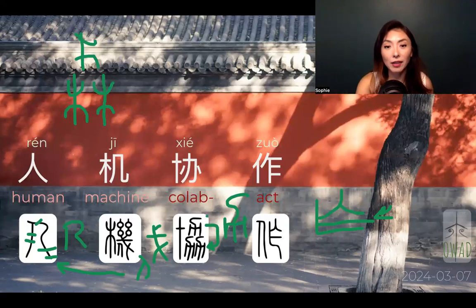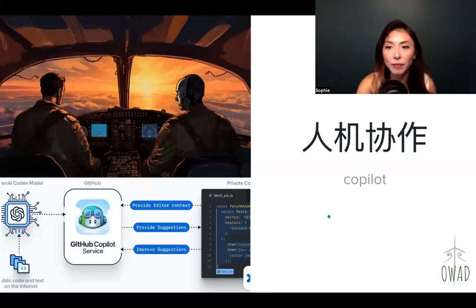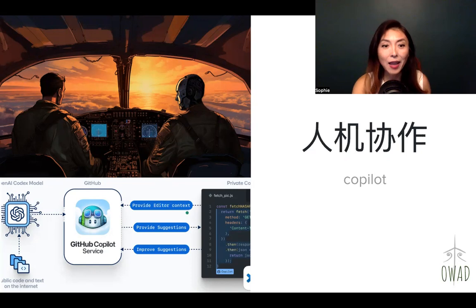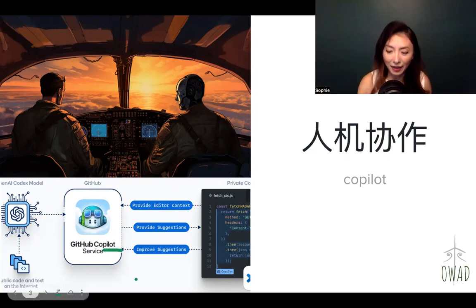Okay, so in collaboration, there's a multitude amplifier of power, and then 做 means you're acting, you're working on something together, right? Amplified acting together. So 人机协作, I translate it as copilot, because GitHub has this Copilot. I think they captured a good name for the relationship between human and machine.